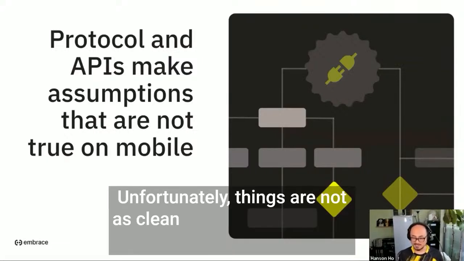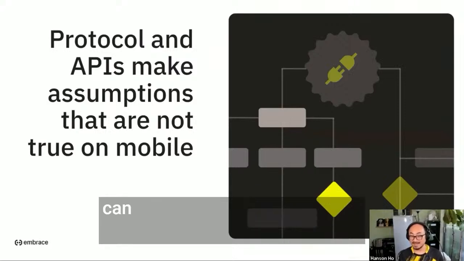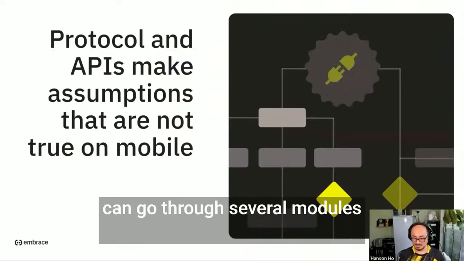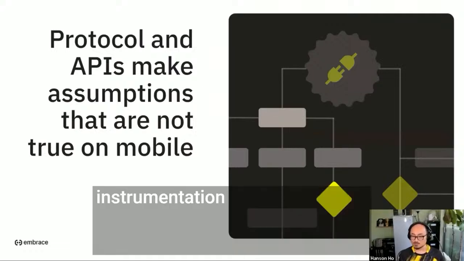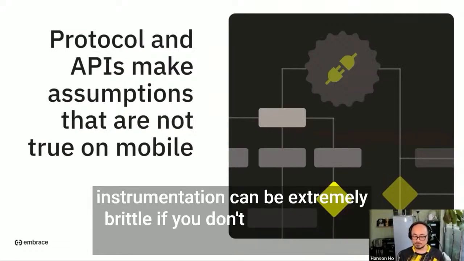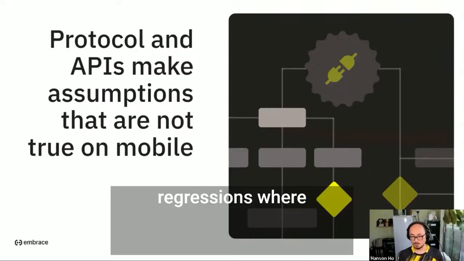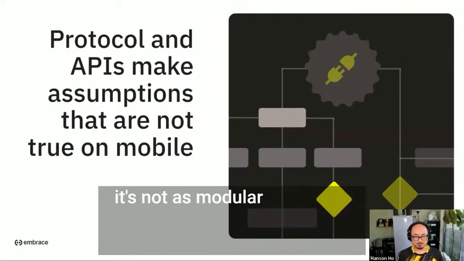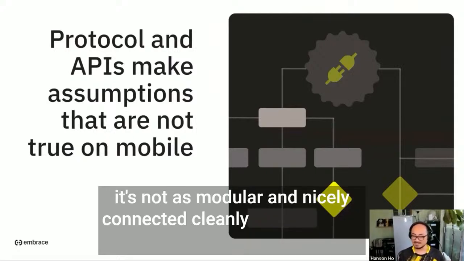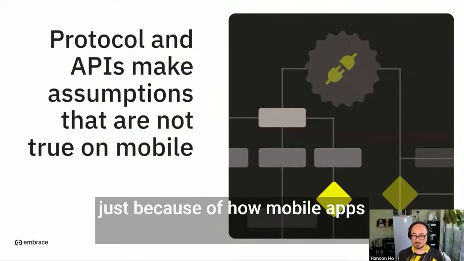Unfortunately, things are not as clean on mobile because a single span for an operation can go through several modules owned by several teams, and not all of them may be aware of all these problems. So instrumentation can be extremely brittle if you don't have the right infrastructure in place to catch regressions where implementation changes, but the instrumentation doesn't. It's not as modular or cleanly connected as you would have for a distributed trace, just because of how mobile apps are architected.